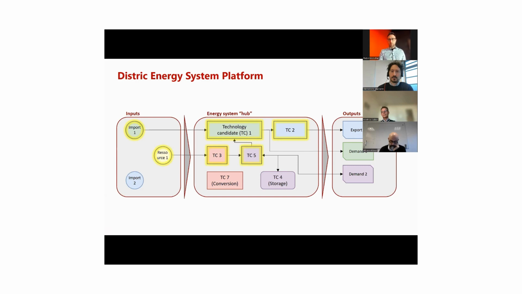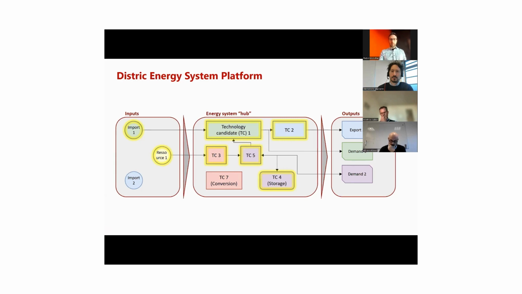Or we use a local resource, convert it in one step, and in a second step fulfill a demand. And we decide that we also need storage for this commodity to reach a higher optimality in the system. And this question of optimality is the discussion of the next slide.